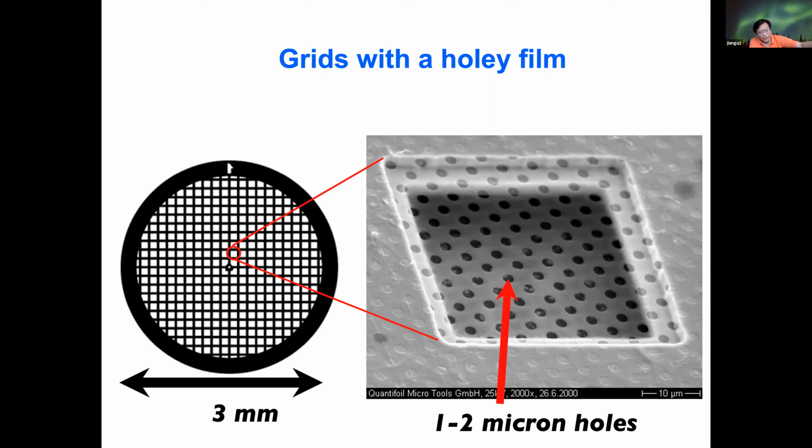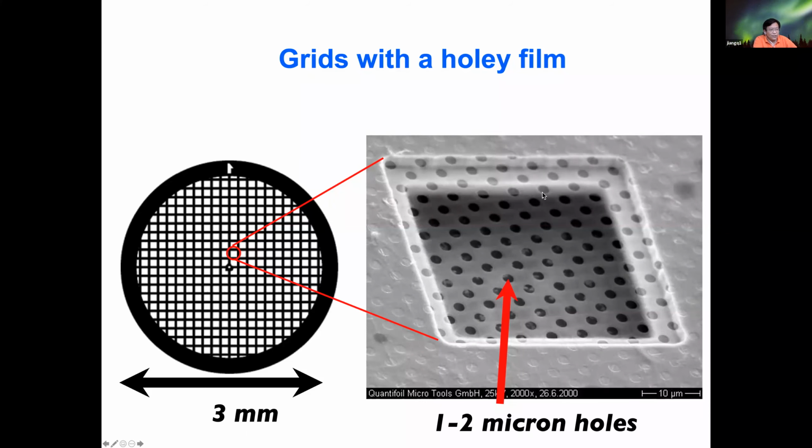These holes are about 1 to 2 microns in diameter for single particle specimens, and our molecules are in the range of about 20 angstroms to hundreds of angstroms in diameter, much smaller than the holes.